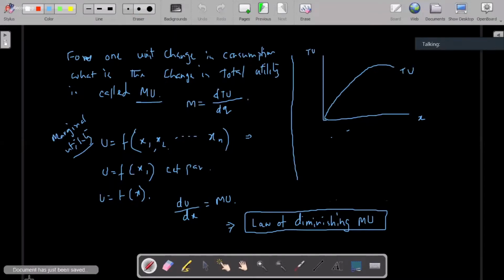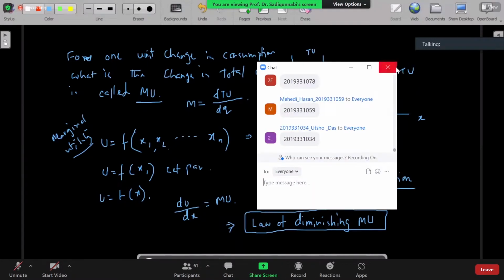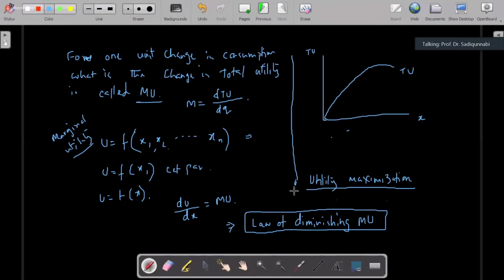Now, there is a concept called utility maximization. Why is there utility maximization? Because consumer satisfaction reaches a maximum and then it falls down.